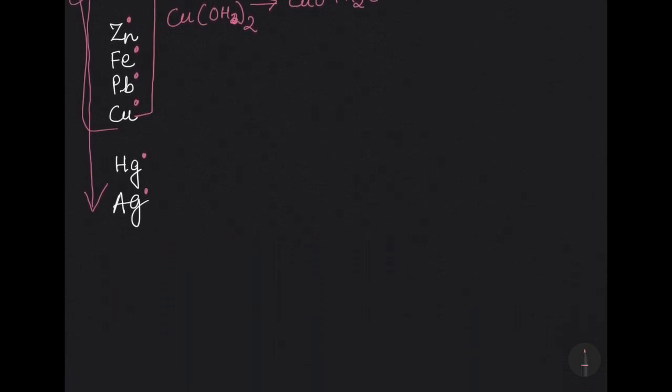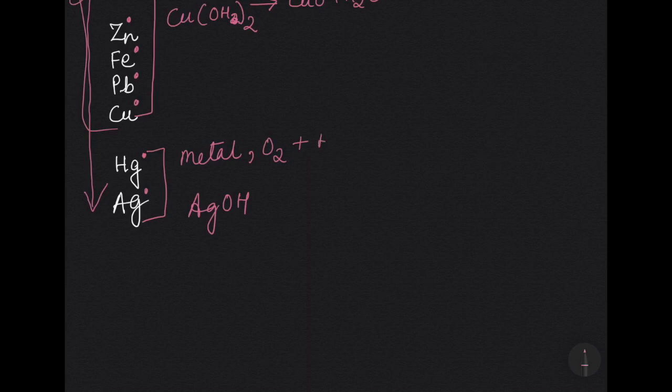Moving down to the least reactive metals, that is mercury and silver, what are we heating? We are heating the metal hydroxide, either mercuric hydroxide or silver hydroxide. So what will you get? Metal, oxygen and water vapor again. It is a gas.